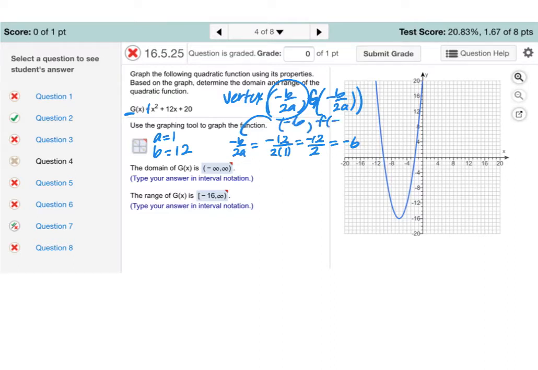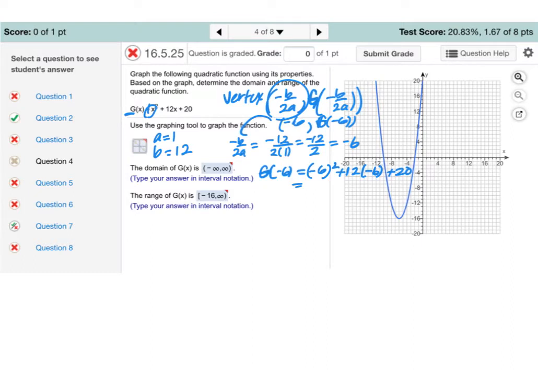Now we need to find f of negative 6 to determine our second coordinate. Or g of negative 6. So g of negative 6 will be equal to negative 6 squared plus 12 times negative 6 plus 20.